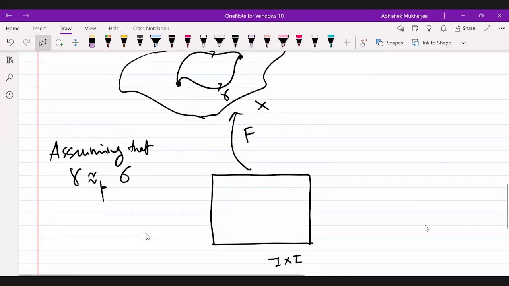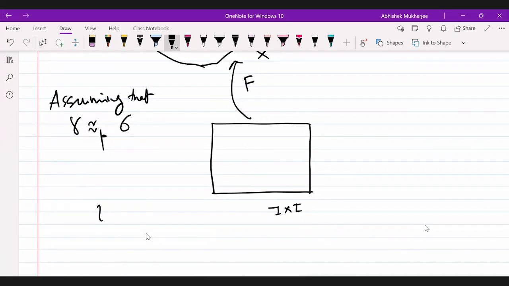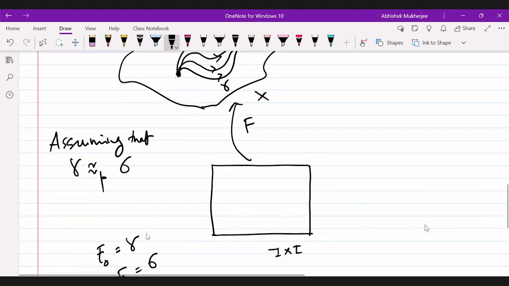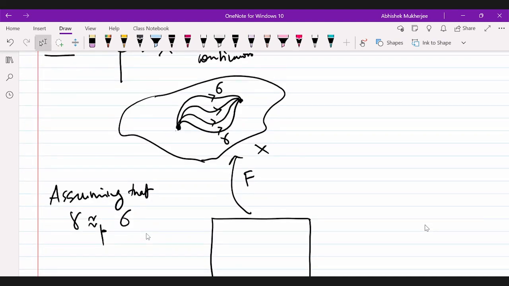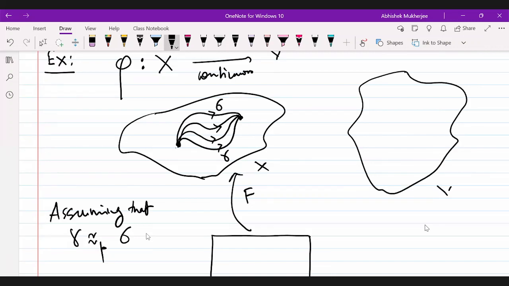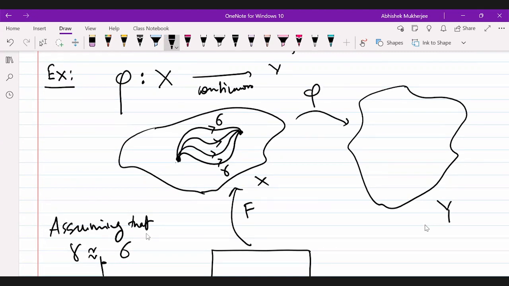Such that at the 0th level, the path is gamma. At the 1th level, the path will be sigma, right? Yeah, this one. Now you want to map these two paths to Y, okay? So that means via the map phi. So this is your Y. Then via this map phi, you will have again two paths.